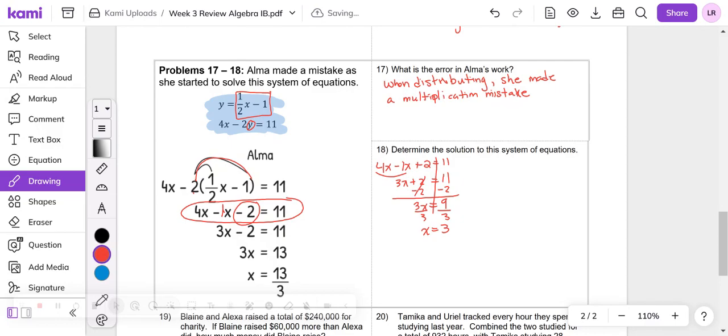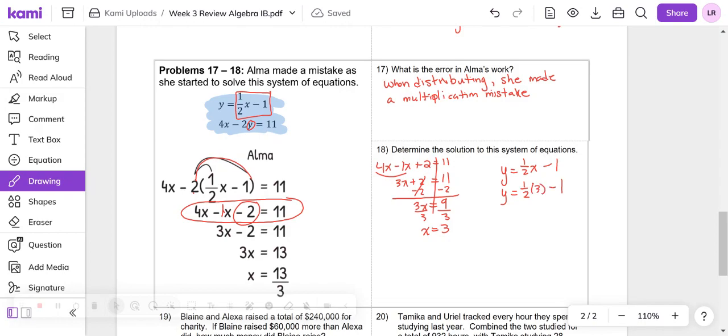Okay, so this one happens to be an integer value instead of a fraction, so that's always good. A little easier to deal with. Then we got to plug it back in. So plugging it back in, I'm going to use the top equation. I know my answer for x is 3, so I have 1/2 times 3 minus 1.